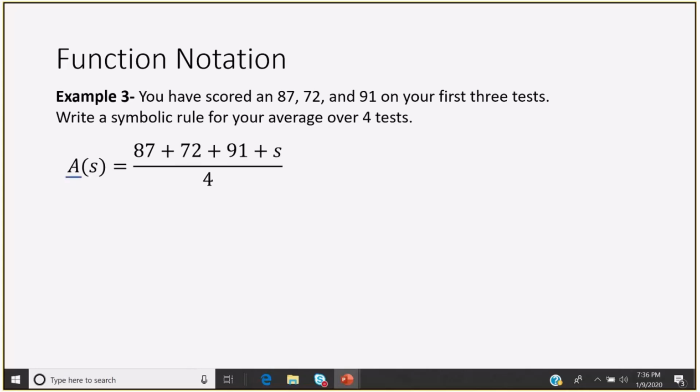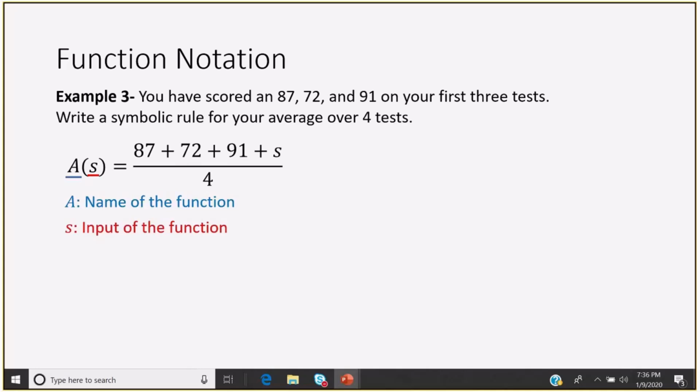But I want to be able to name this function. And so I'm going to name it A for average. And my input, since I have an S in my function, that is going to be my input. So that's what that little guy tells you. So the big capital letter on the outside tells you the name of the function. Whatever is inside the parentheses tells you what the input of the function will be.